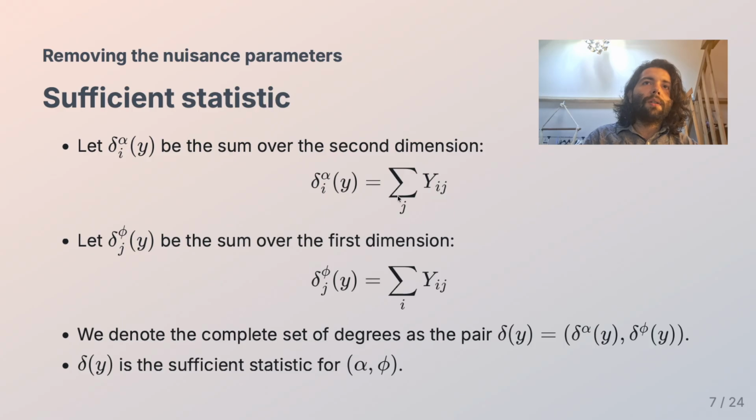It's just the sum over all the other coordinates, so j here, the doctors, of y_ij. And the same holds for the doctors: the sufficient statistic for the fixed effect of a given doctor j is the sum of y_ij over all i, over all patients. I will also denote by delta, without any super or subscript, the sufficient statistic for all fixed effects, for both patients and doctors, in other words, for i's and j's.